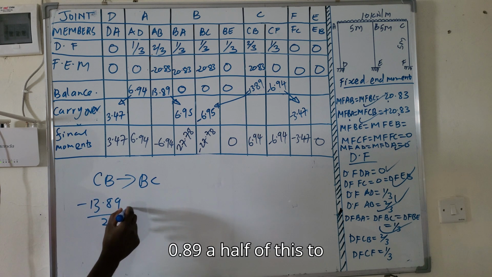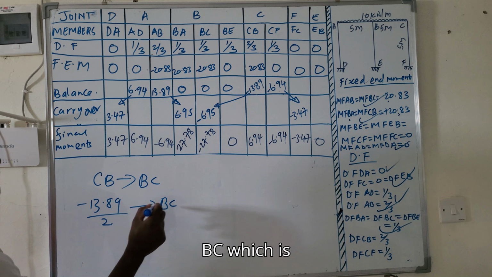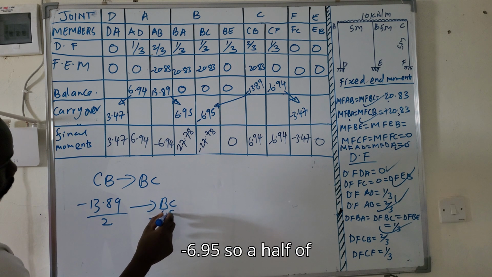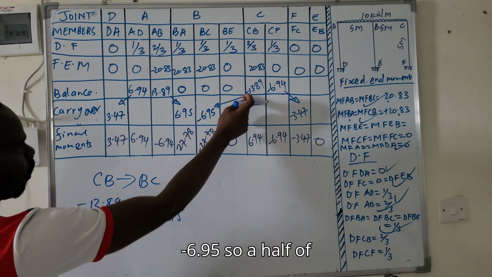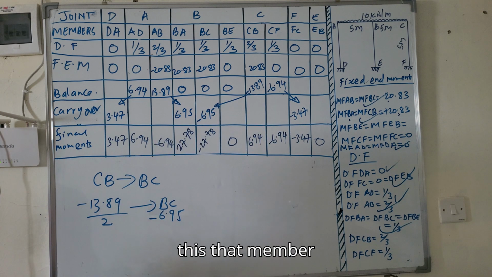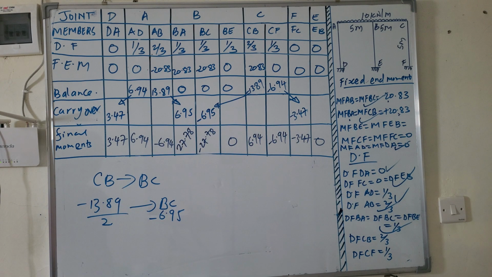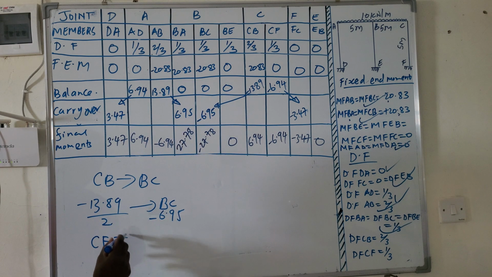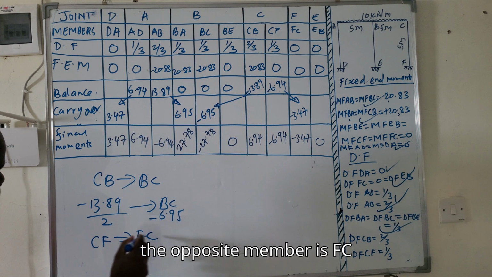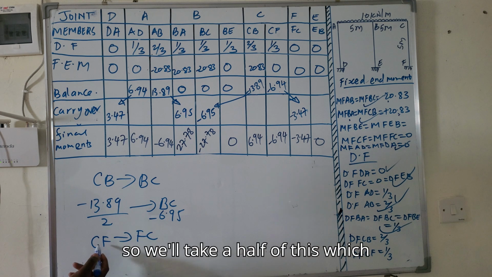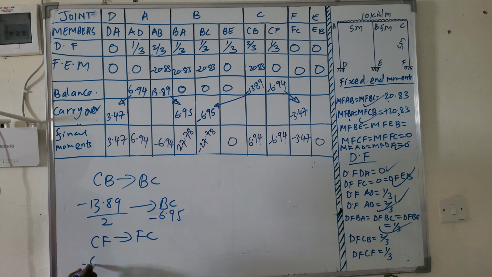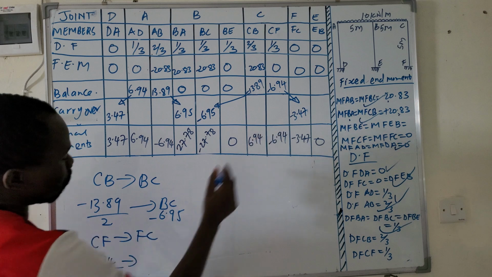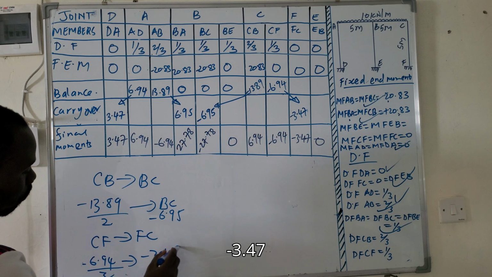Half of this to BC, which is negative 6.95. So a half of this, that member. We'll proceed to CF. The opposite member is FC. So you'll take a half of this, which is negative 6.94 to CF, which is negative 3.47.